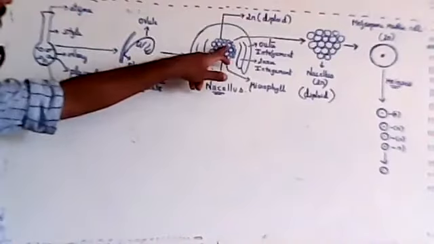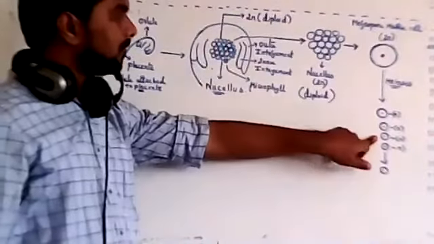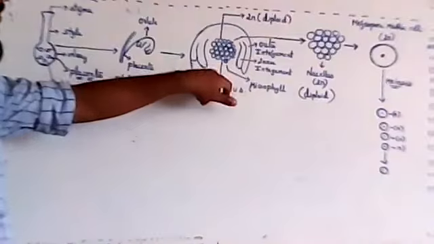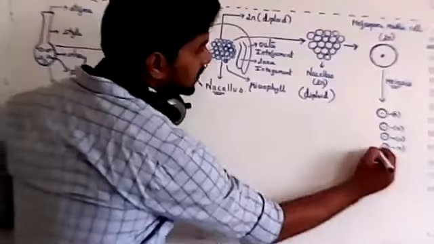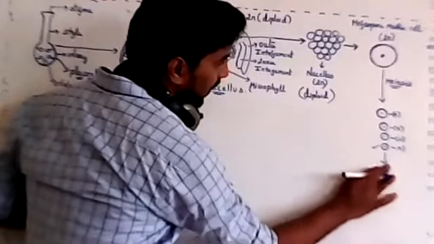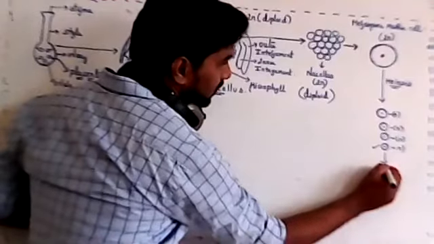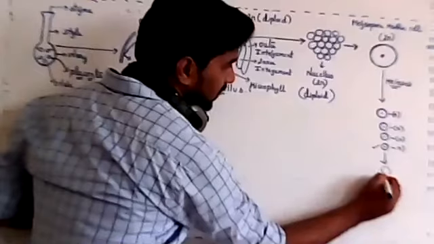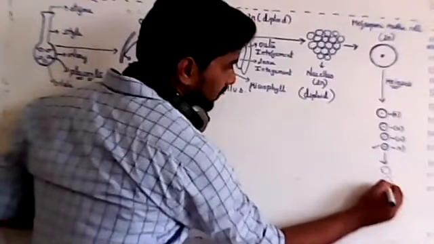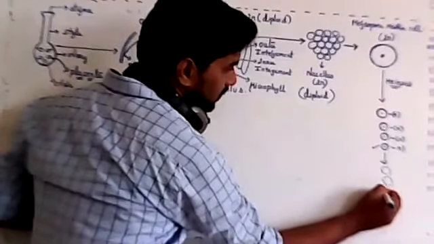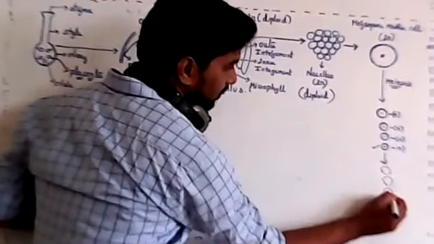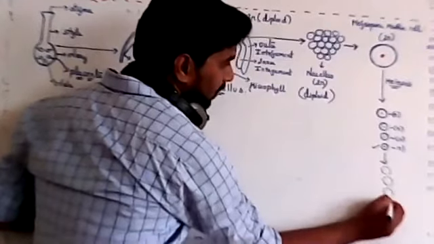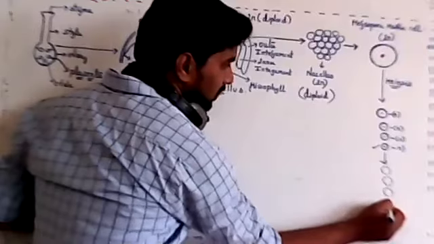So one cell will divide and give rise to 4 haploid cells. One cell will survive and 3 will die, or disintegrate. Whichever cell dies, you can draw it like this: the outer plasma membrane will be broken. Only one cell will survive.